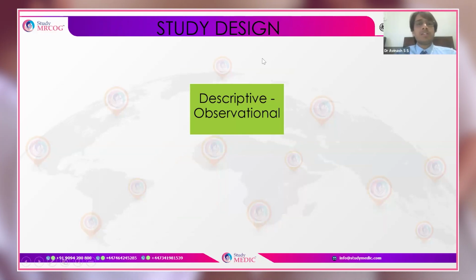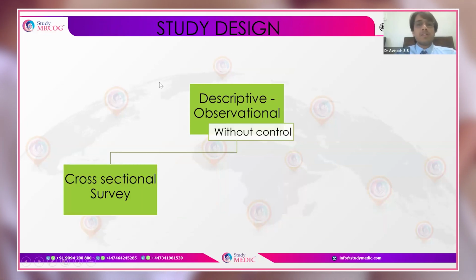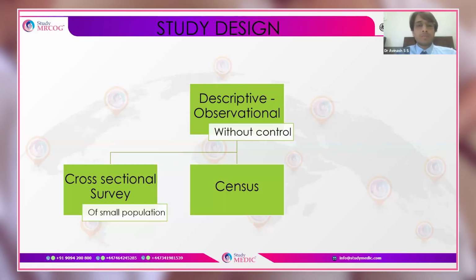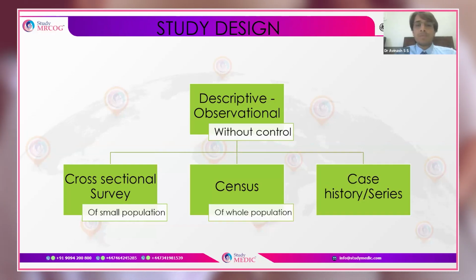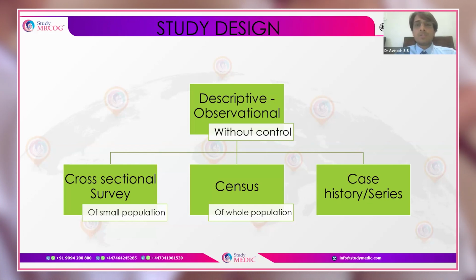Descriptive observational study designs are without control, and for example, they are cross-sectional surveys of a small population, census of a large population, and case history or series. They are the descriptive observational study designs.